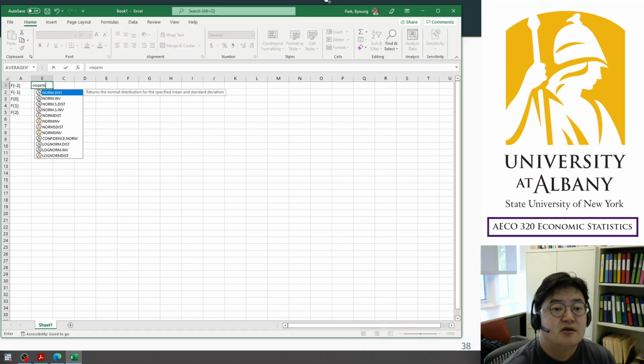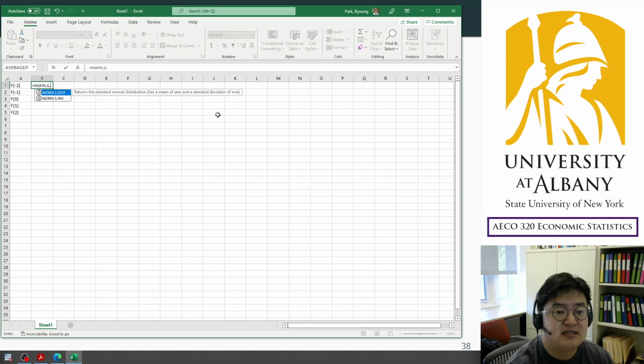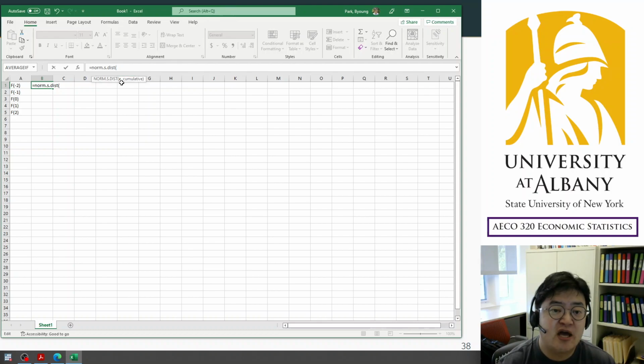For F(-2), what you are going to do here is NORM.S.DIST. It returns the standard normal distribution, right? The arguments you have to enter are z, which is this value, -2, and the cumulative option. If you put true, it will return the CDF, the cumulative probability.